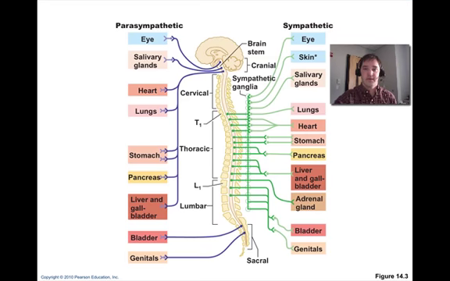So let's take a look at the parasympathetic neurons here. We have these preganglionic axons coming from cranial nerves that innervate the eye, salivary glands, heart, lungs, stomach, pancreas, liver, and gallbladder.